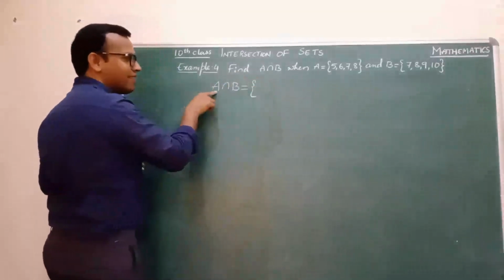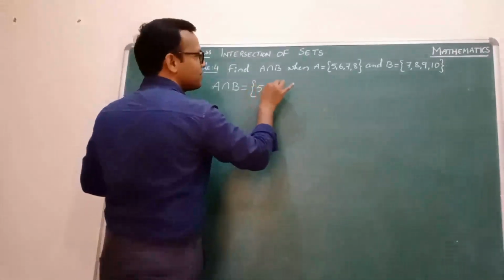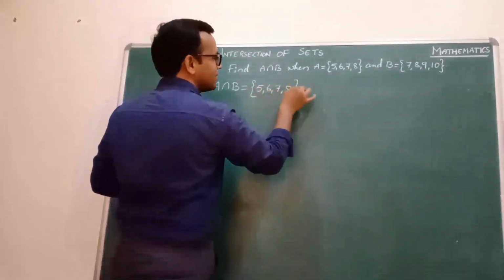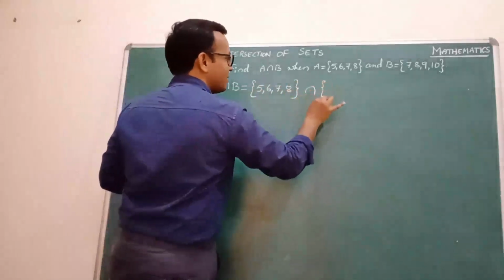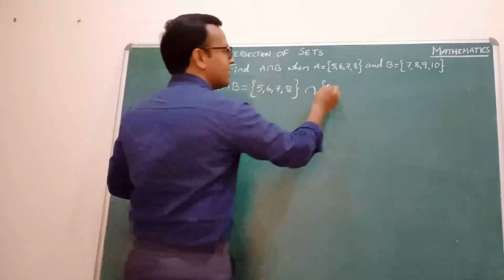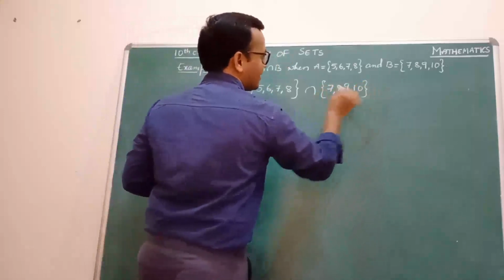So let me write the set A in the beginning, which contains 5, 6, 7, 8, intersection of set B. What elements are there in B? 7, 8, 9 and 10.